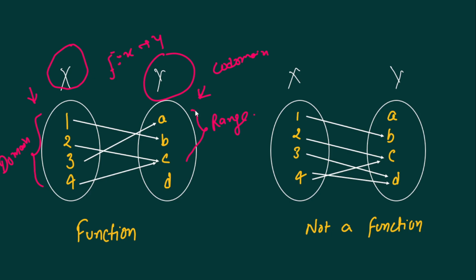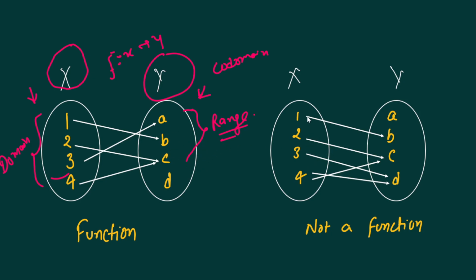These are the possible values which come out. The codomain is all of these, because the domain X can take all these values, but the actual values are the range.